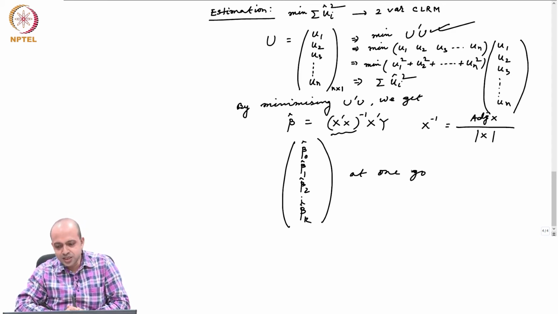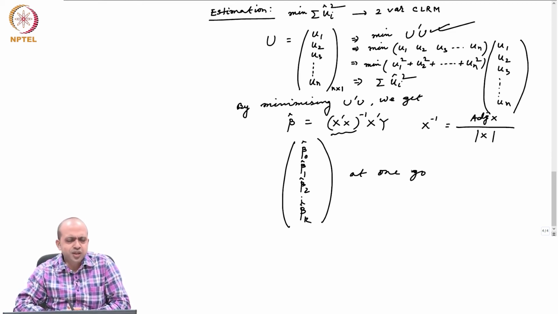That is the general notation, and we get it by minimizing u prime u. You take the transpose of the U matrix and minimize, and you will get x prime x inverse x prime y, where x inverse is adjoint x by determinant of x. So, the determinant of this matrix should exist, otherwise you cannot estimate your beta hat.